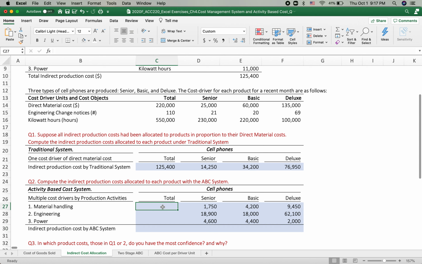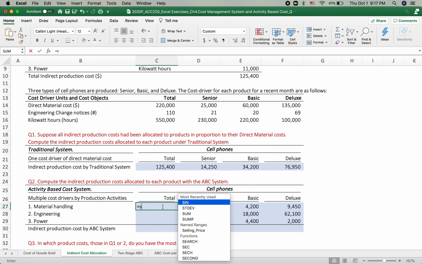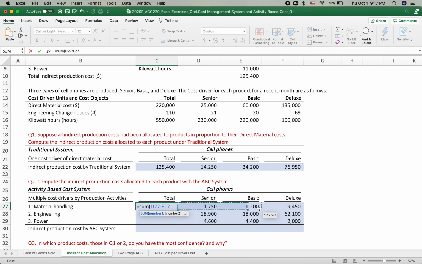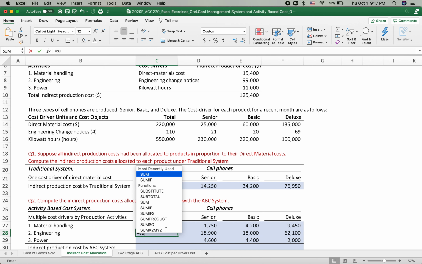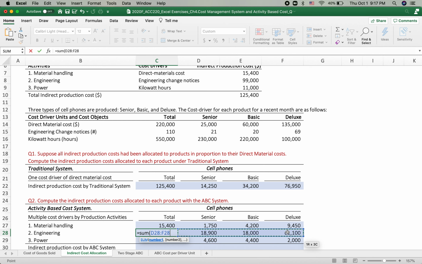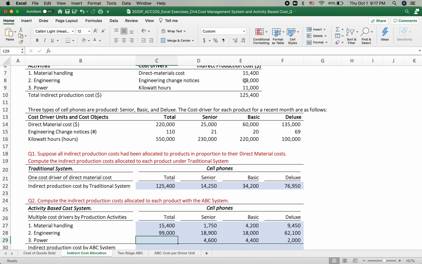Okay, so let's make sure that we make this right, definitely 15,000. Do you see we have the same indirect cost, total indirect cost under the material handling activities. The same way, sum of these three also 99.